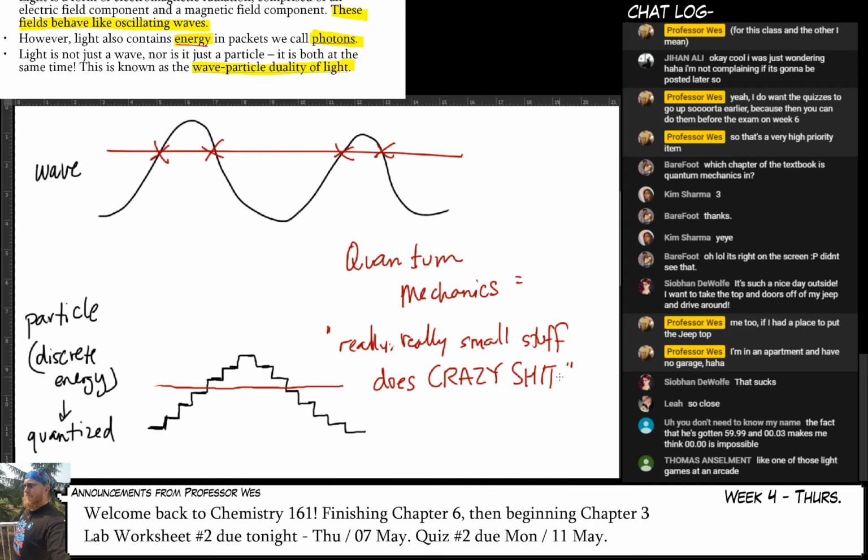The consequences of the wave and the particle nature of matter start to blur together when you get stuff that is so tiny that we can't resolve it. So the theme of chapter 3 is this: it's crazy shit, and we're going to study that crazy shit here.